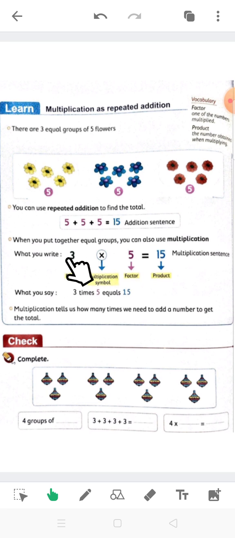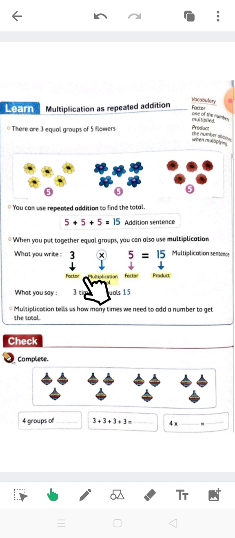I've got 3. I put the multiply sign, or multiplication symbol, or we can say times. 3 times 5. What does it equal? Equals, in all, I've got 15.